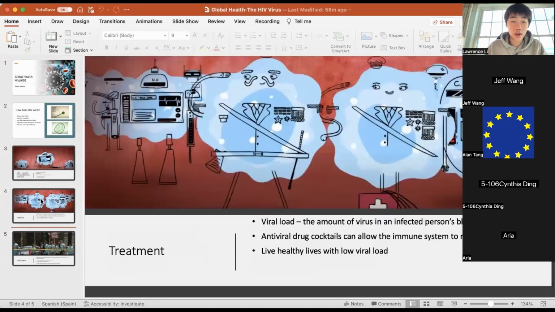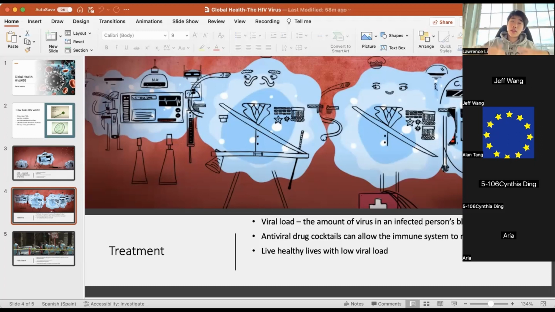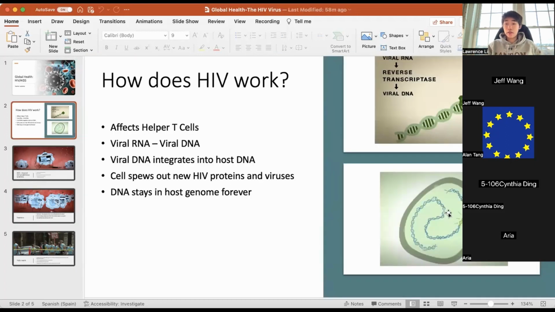Okay, let's talk about treatments for HIV/AIDS. Now, I did mention that HIV/AIDS is non-curable as of this moment, right? And when I say non-curable, I mean that we cannot rid the human body of the HIV/AIDS virus, and nor can we take out the integrated viral DNA that we saw earlier, right?